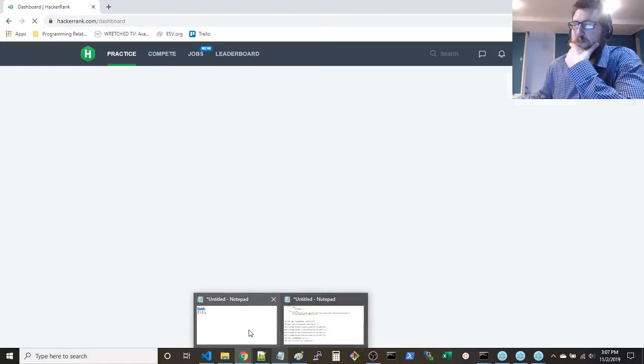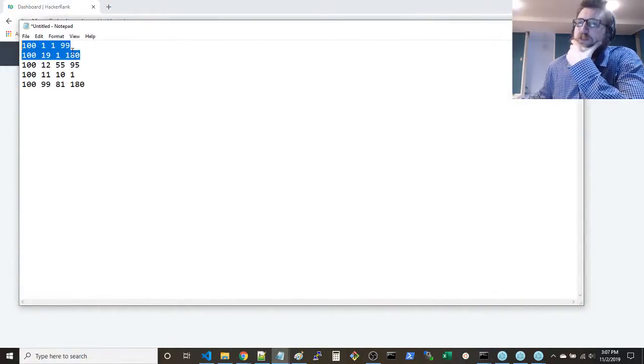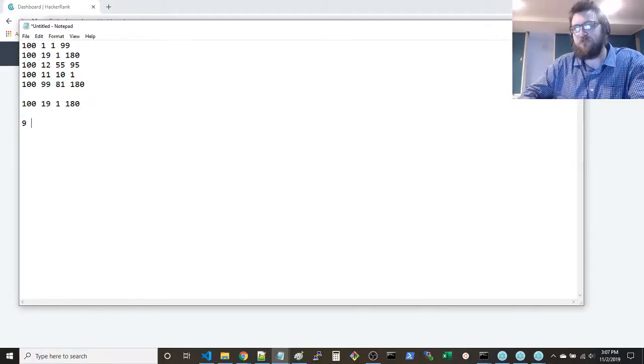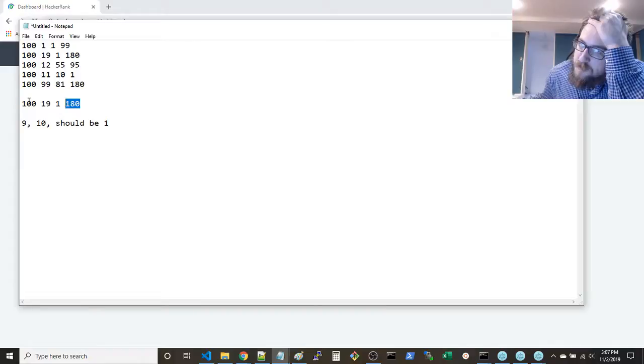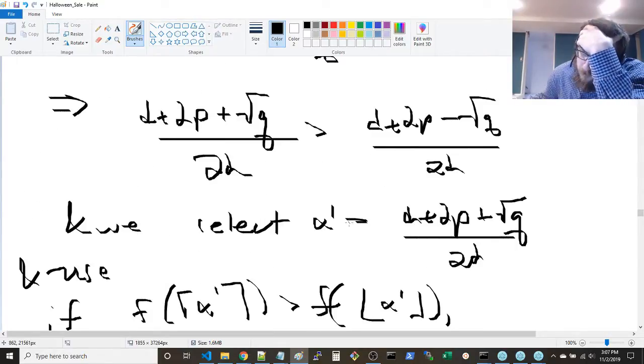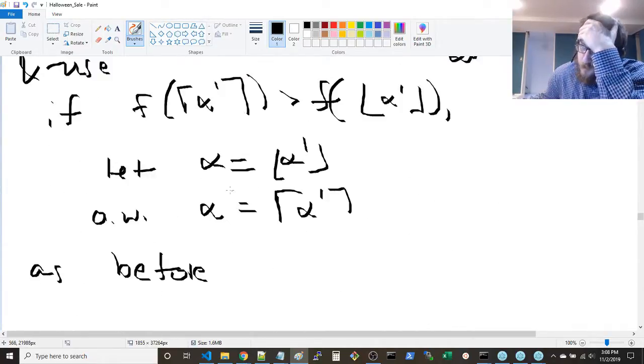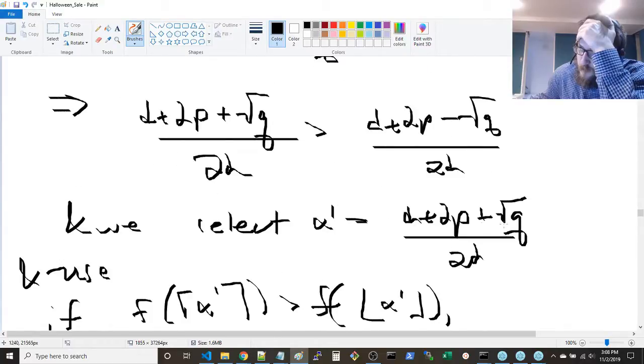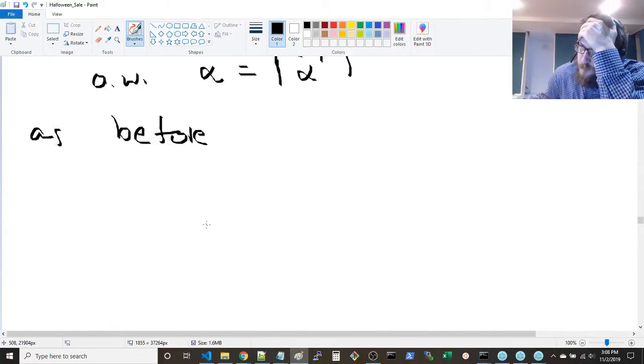All right, let's go back to the calculations here. So this should just fail. We were getting 9 or 10. Should just be a 1. 100 minus 180 minus... Now why are my calculations off though? If it's 0, right? I think the issue is, so what's Q?